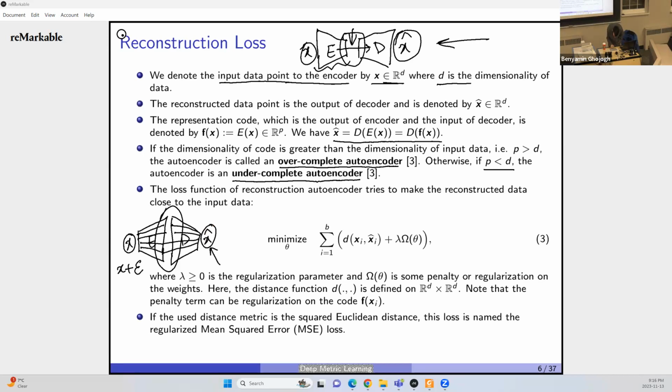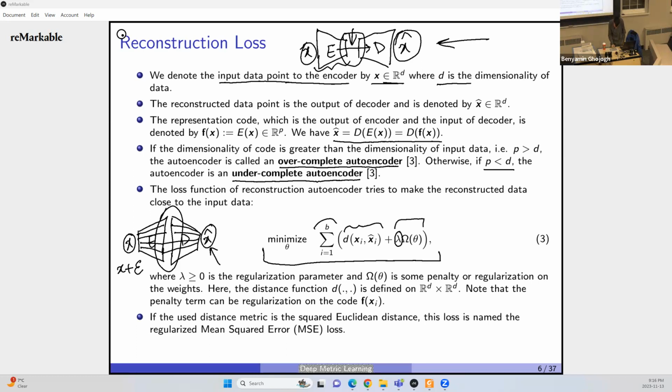So, for example, I can use this loss function. This is a summation over the batch, and this is the distance between x_i and x_i hat, plus lambda, the regularization parameter, times the regularization term omega theta. Omega theta is some regularization term, some penalty. We talked about it in the regularization lecture. Recall that lecture.